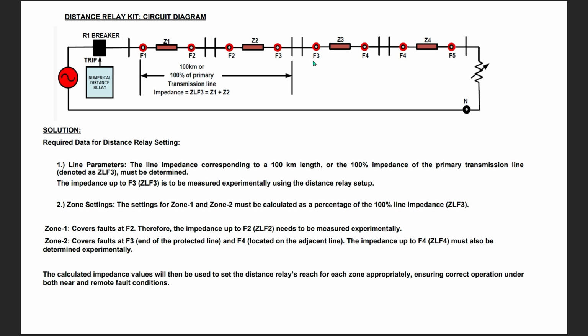In the question itself, it is mentioned that the faults at F3 and F4 are in zone 2. Therefore, ZL F3 is to be found experimentally, and next we want to measure the impedance up to F4, that is ZL F4, which must also be determined experimentally. The calculated impedance values will then be used to set the distance relay reach for each zone separately, which will ensure the correct operation under both near and remote fault locations.